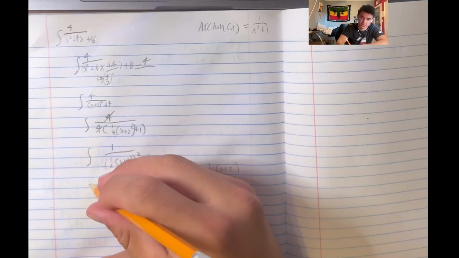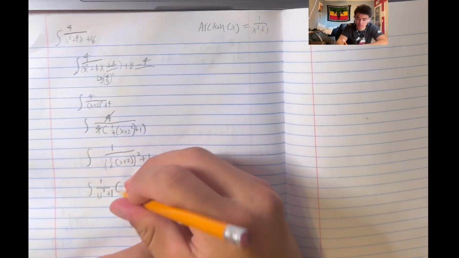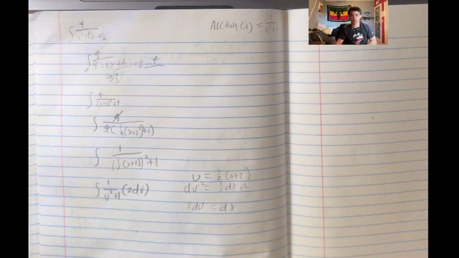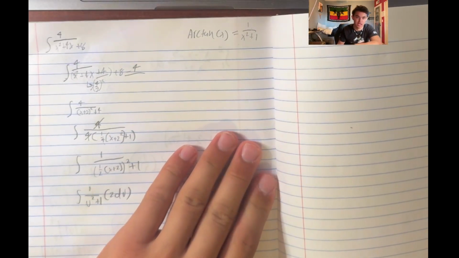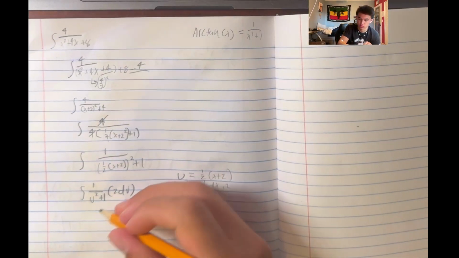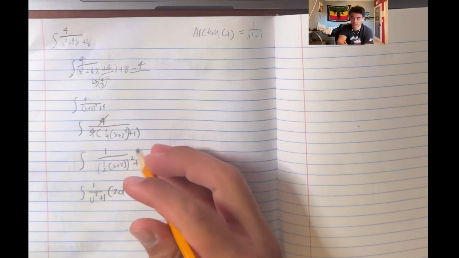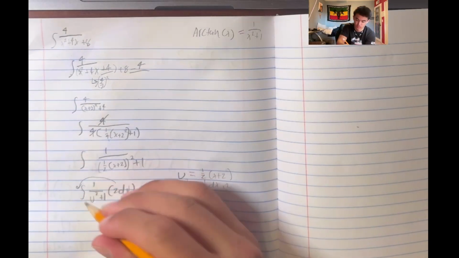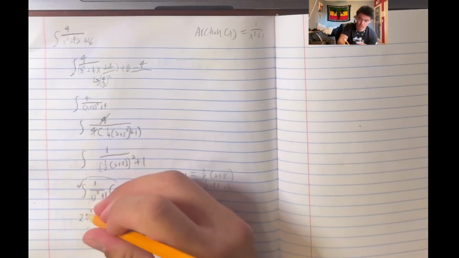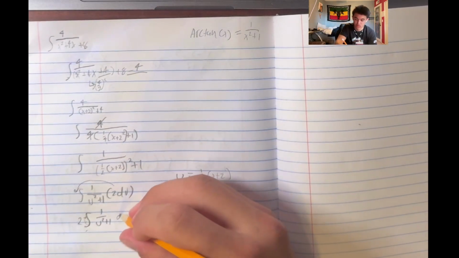Now we have 1 over u squared plus 1 times 2 du, which is exactly what we're trying to do up here, except now the x is a u. We can move this 2 to the front, so 2 times the integral of 1 over u squared plus 1 du.